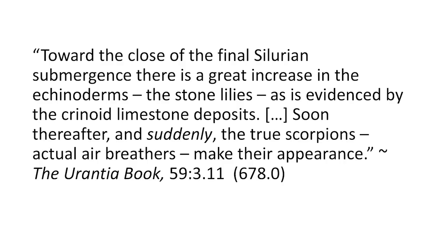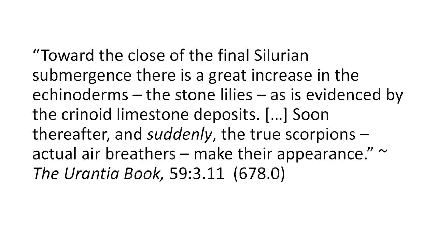The Urantia Book states, "Toward the close of the final Silurian submergence, there is a great increase in the echinoderms, the stone lilies, as is evidenced by the crinoid limestone deposits.